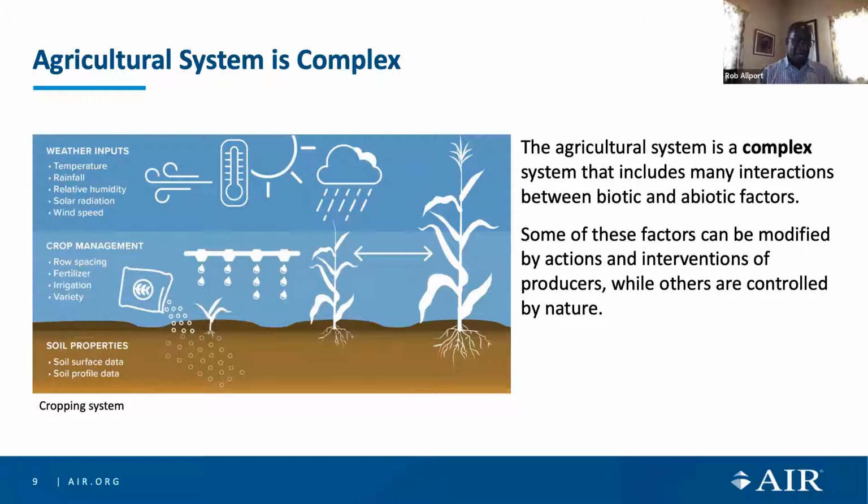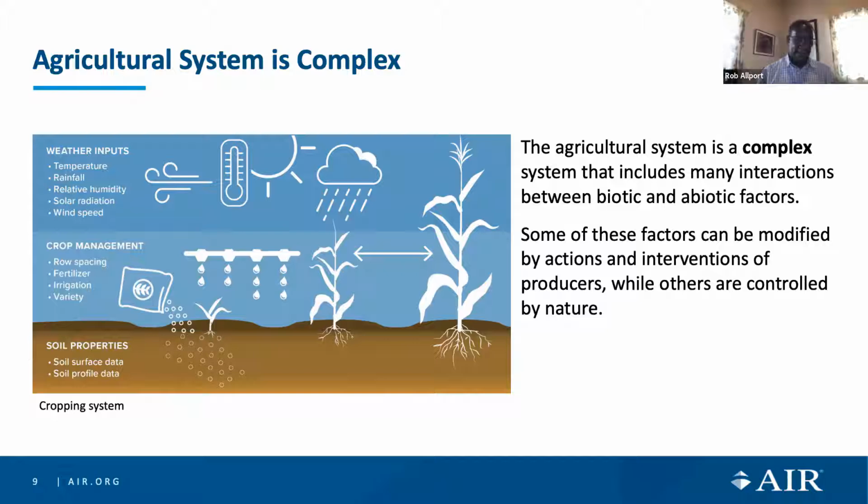Let's look now at the African setting of a food system. We know the agriculture system is quite complex, and it is driven by the crops. It is driven by the interaction of so many factors that are biotic and abiotic.